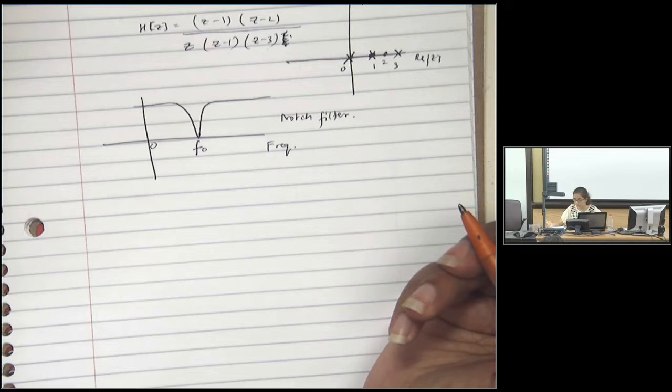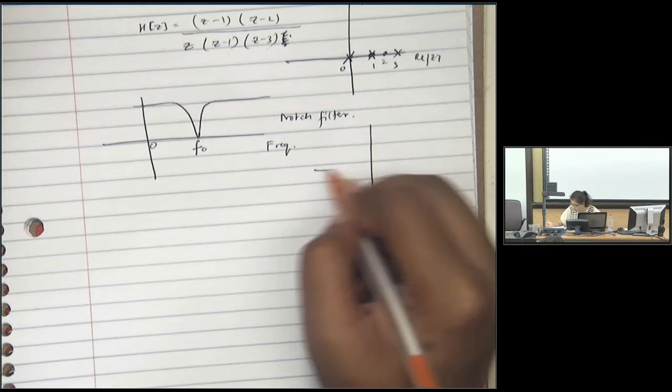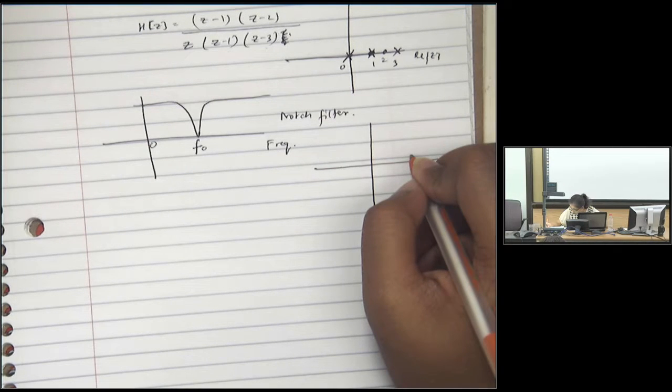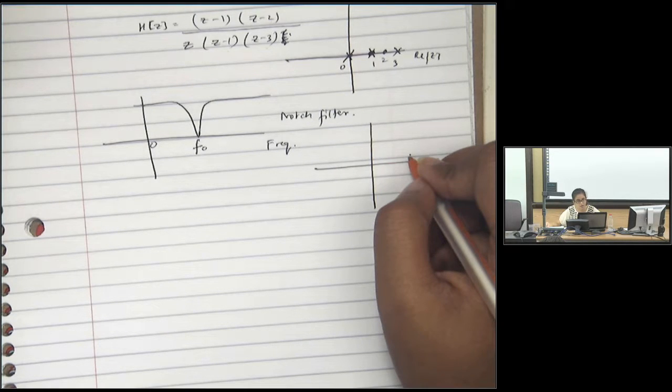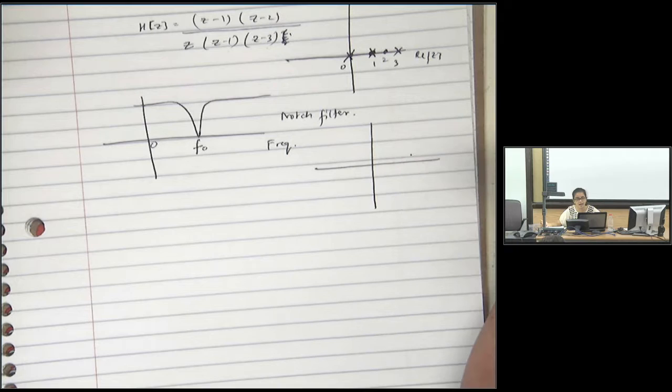And how do we design this type of filter? We just put a pole and a zero very close to each other, because in a realized system, you cannot actually have the same values.